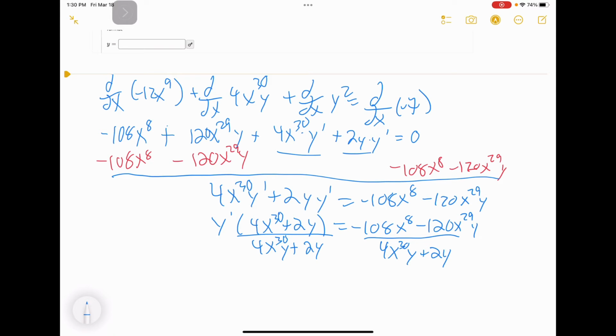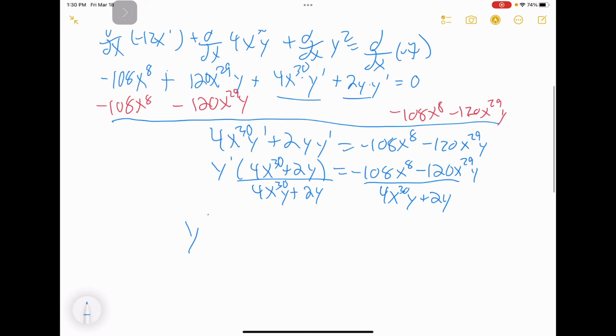There we go. So we'll end up with y prime equals negative 108 x to the 8th minus 120 x to the 29 times y, over 4x to the 30 times y plus 2y.